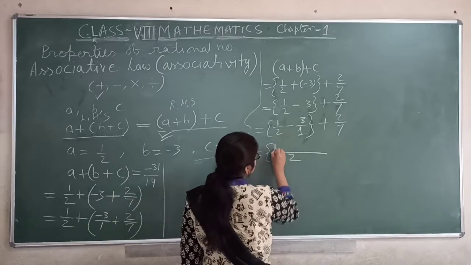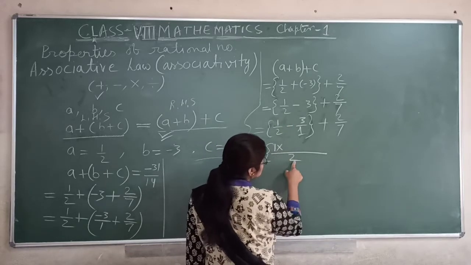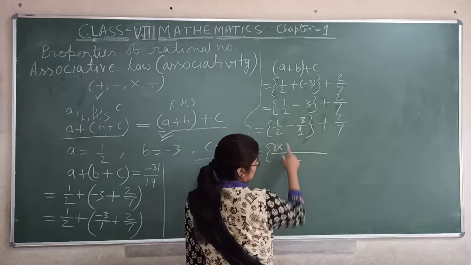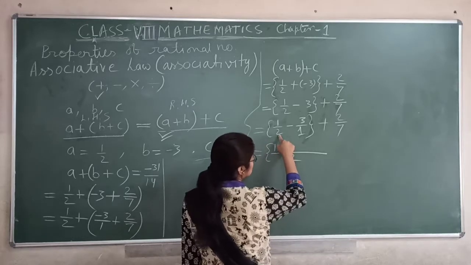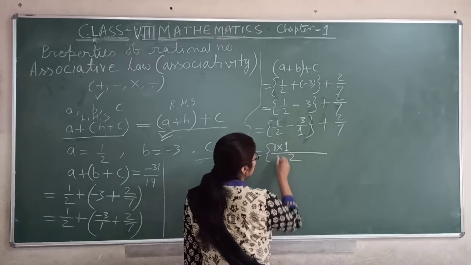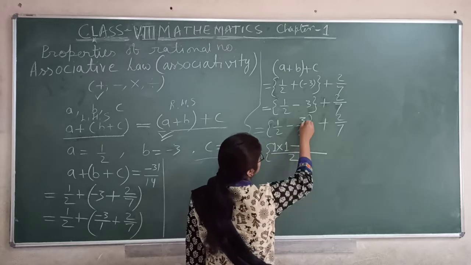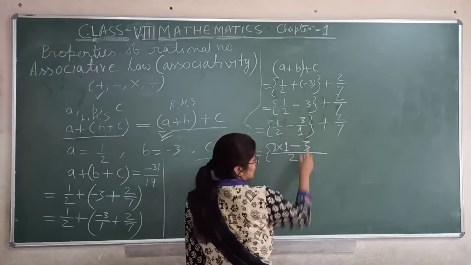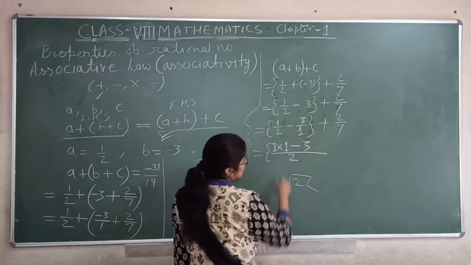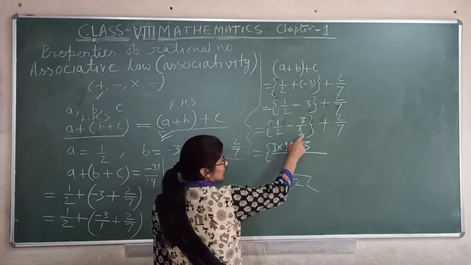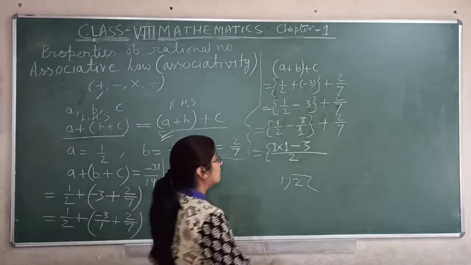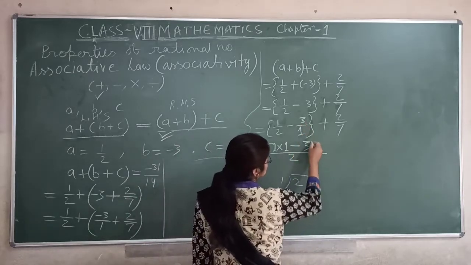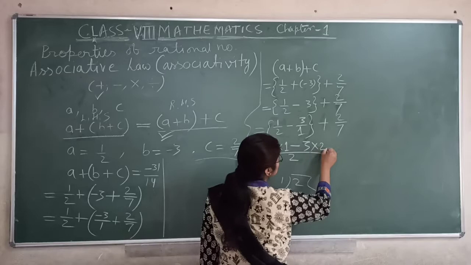1 as it is, 1 into this 2 divided by this 1. LCM divided by denominator. So you are getting 1 minus 3, you have 2 divided by 1. 2 divided by 1, this 2 we will divide by this 1 denominator, and whatever you get, multiply with numerator. So how much you are getting? 2 you are getting.